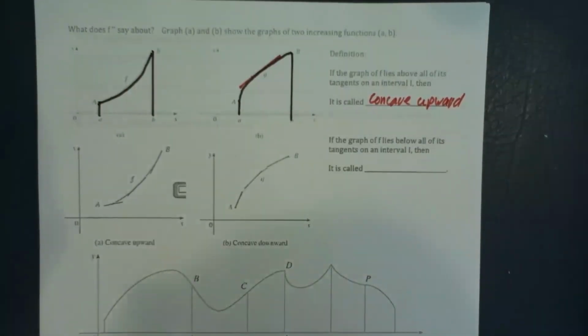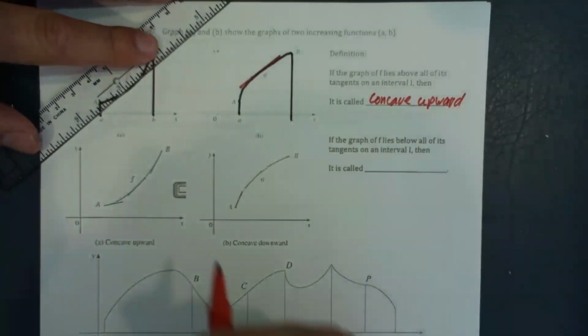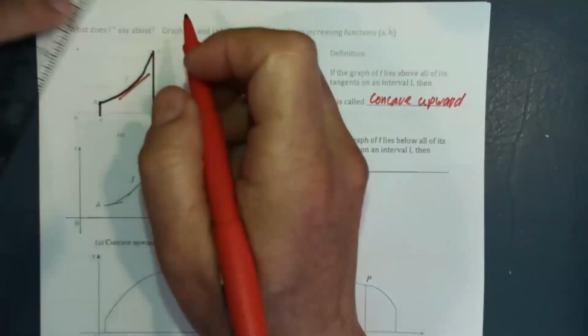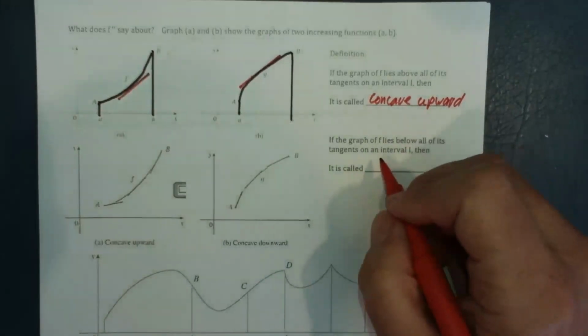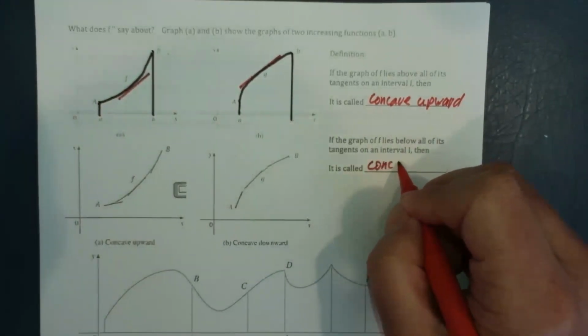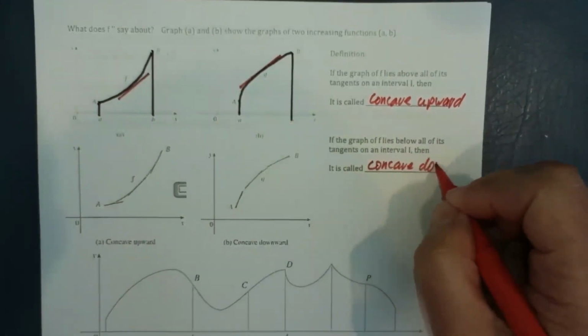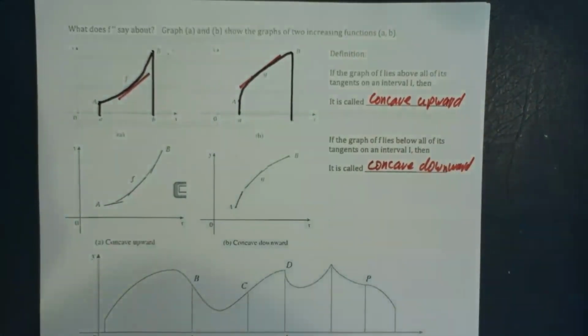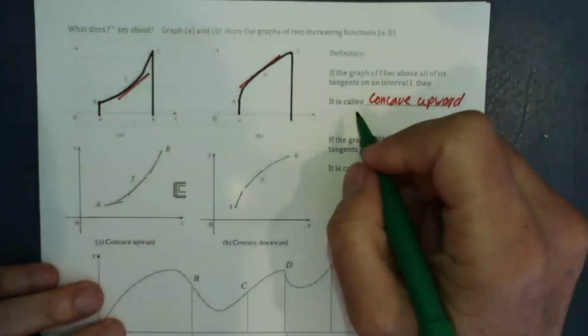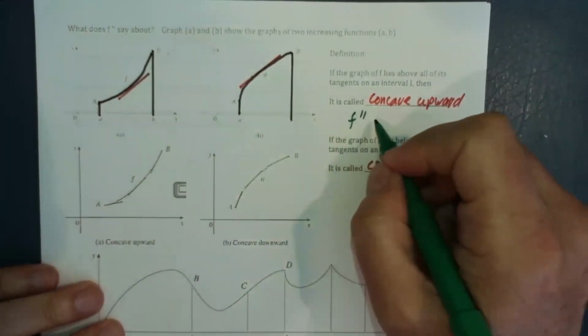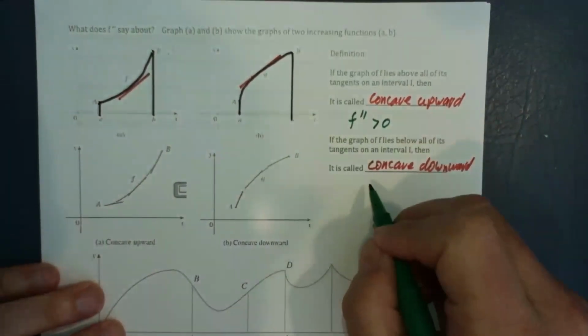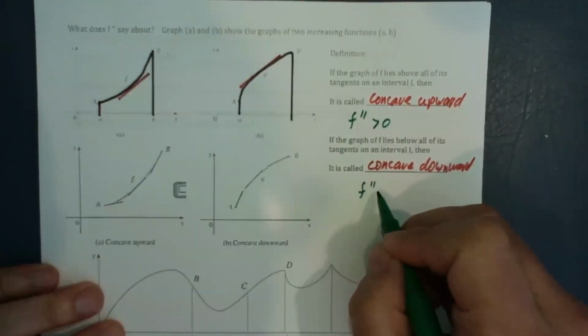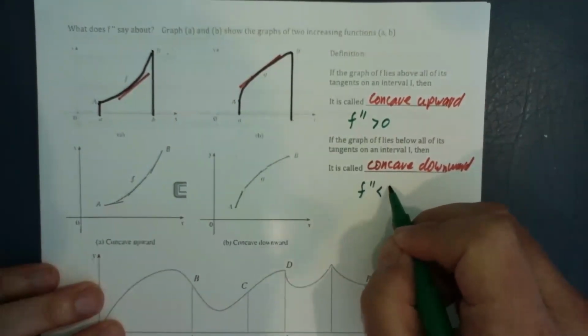If the tangent is above the graph, like we have here, then we say it's concave downward. It's concave upward if f double prime is positive. It's concave downward if f double prime is negative.